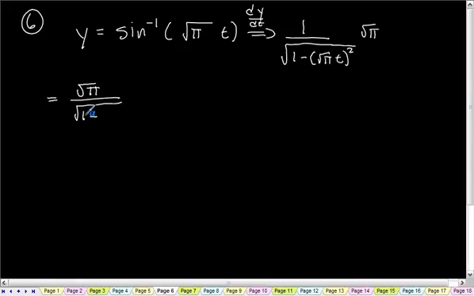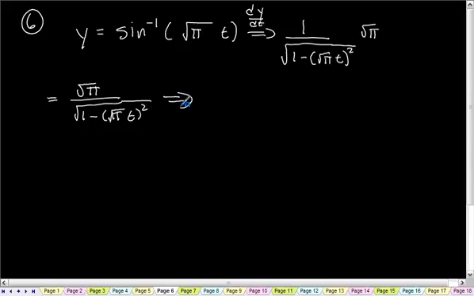No. Sine, see, what was the chart? Sine, there's no negative, okay. 1 minus the square root of pi radical t, that to the 2nd power.